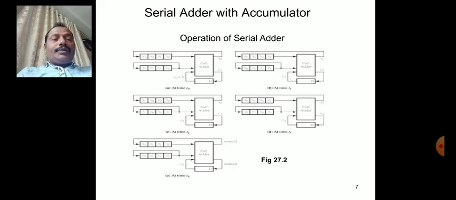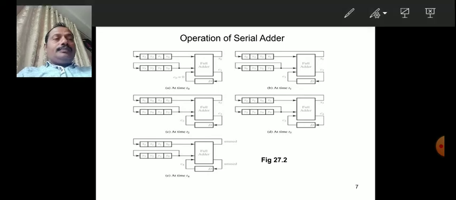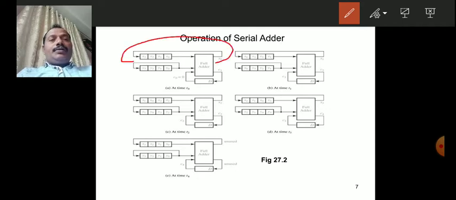Full adder output: the sum bit is shifted into the MSB position of X, the other bits of X are shifted right by one position, and the Y bits are rotated left like this.